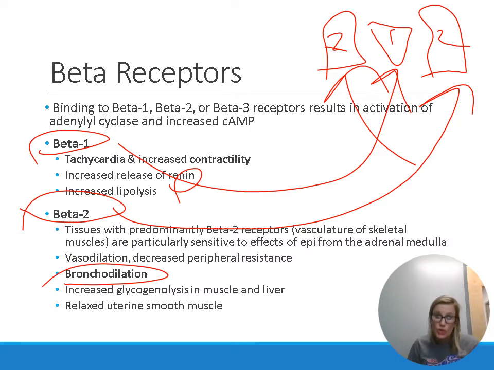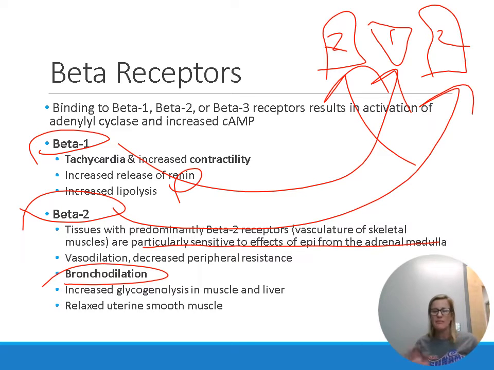Beta 2 receptors, tissues that have predominantly beta 2 receptors include the vasculature of skeletal muscles, as well as the bronchi. The tissues with predominantly beta 2 receptors are particularly sensitive to the effects of epinephrine from the adrenal medulla.